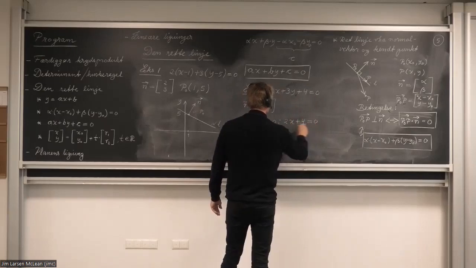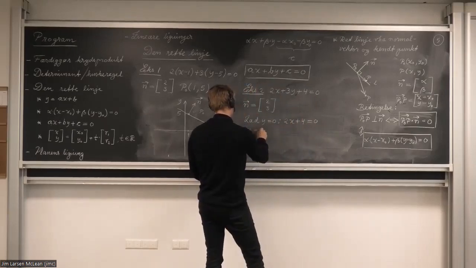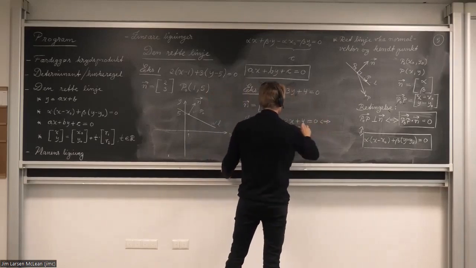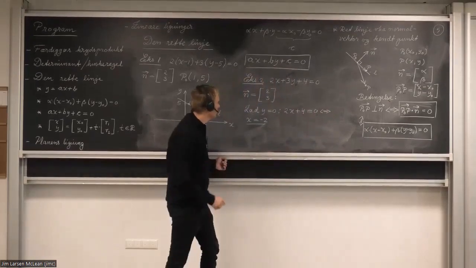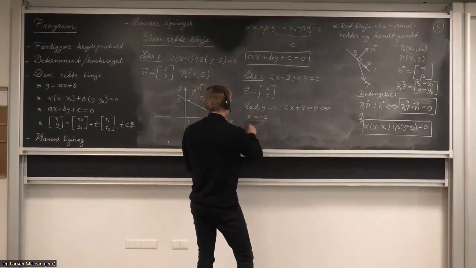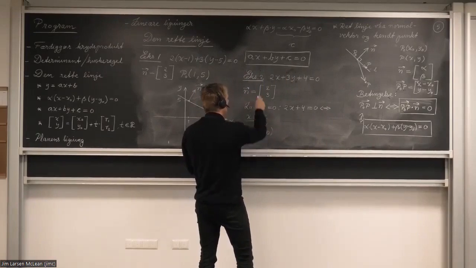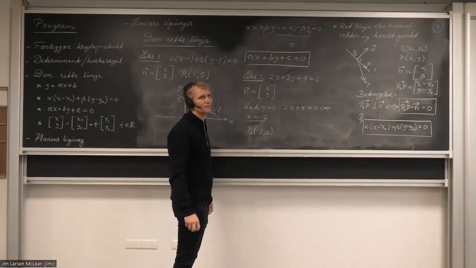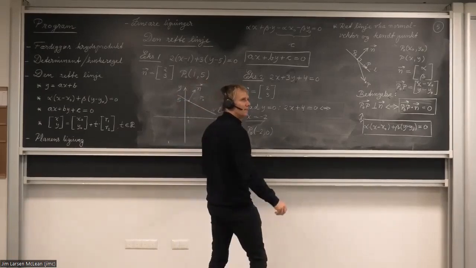So x has to be minus 2. We can see that we have just solved that simple equation. We subtract 4 from both sides, then divide by 2. And that means this point here, called P0, (-2, 0), lies on the line. So with the normal vector and that point, I can draw a line. But you have to calculate a point yourself.